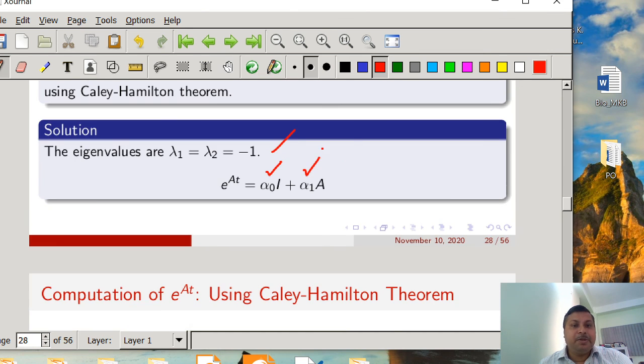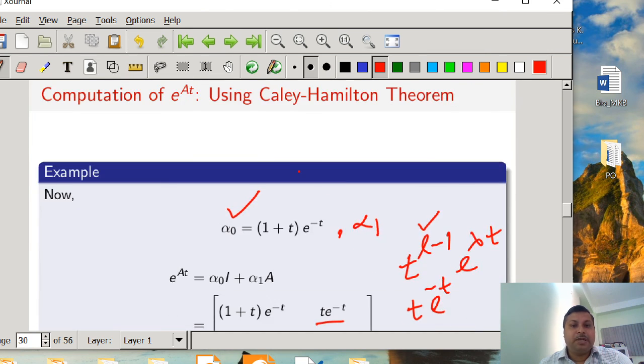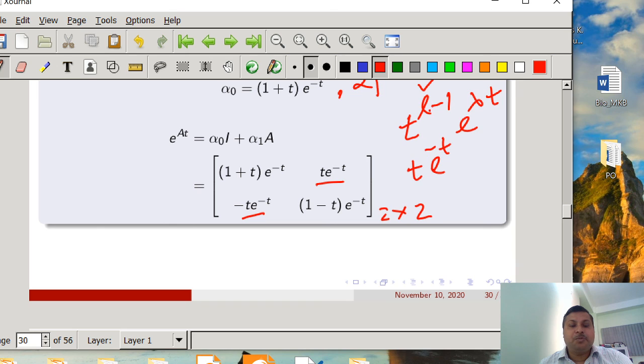And if we have a repetitive pole, then as I told you, the terms of t to the power L minus 1 e to the power lambda t will be there, where L is the multiplicity of the eigenvalue.